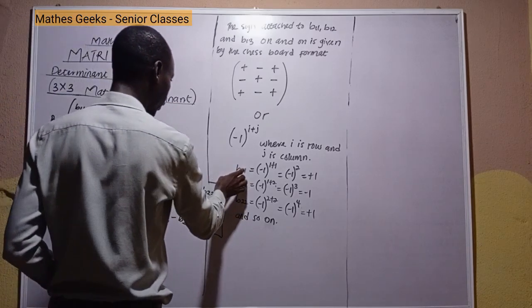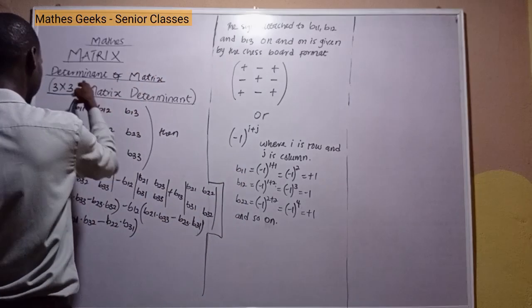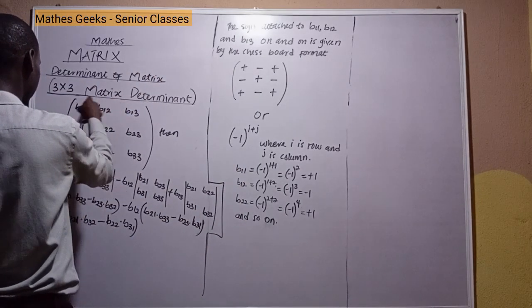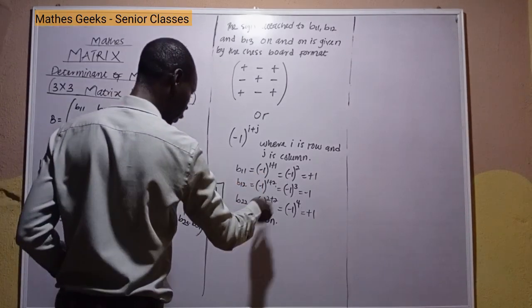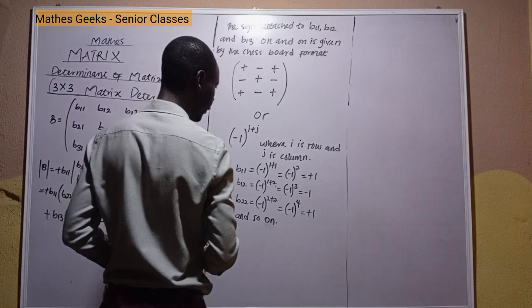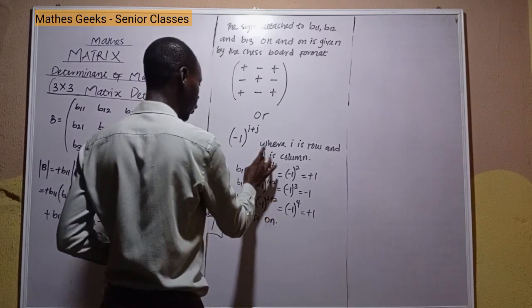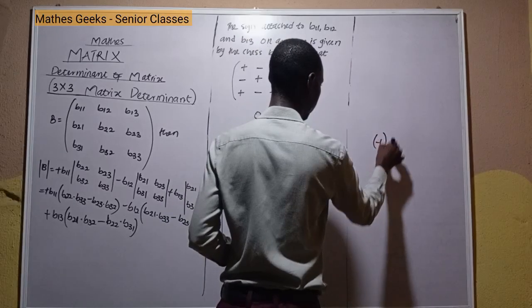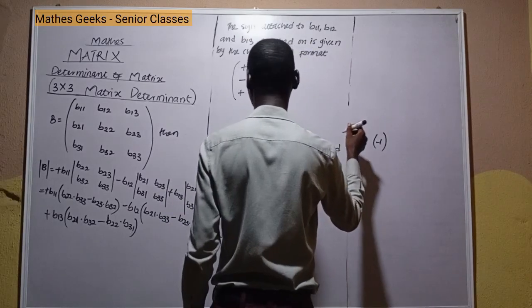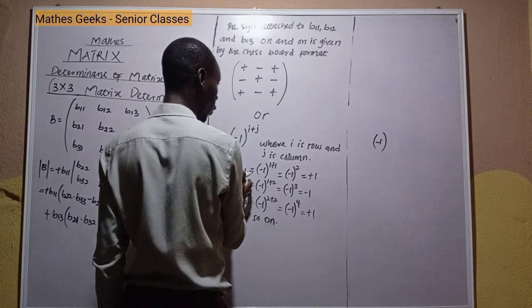For instance, the entry B11 is in the first row, the first column. To get the sign there, the first number signifies the row, the second number signifies the column.